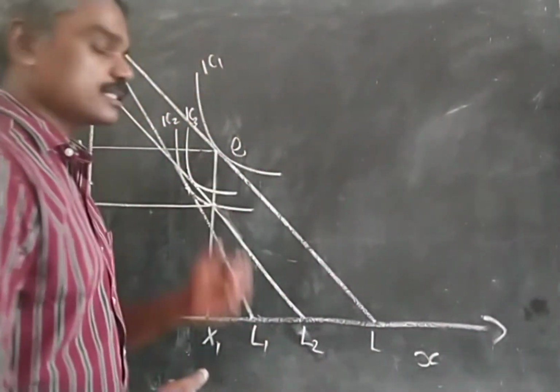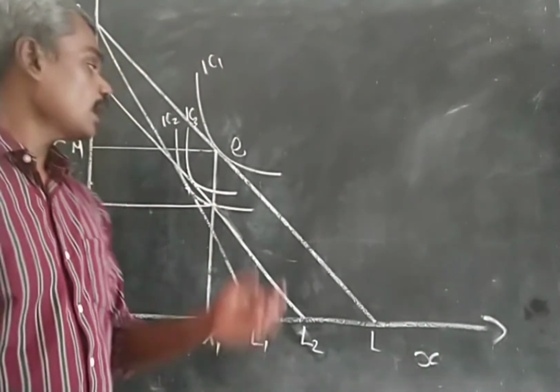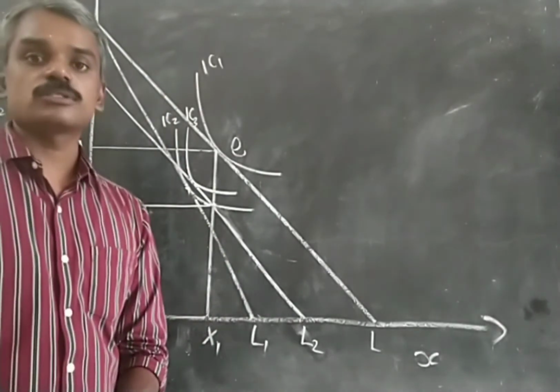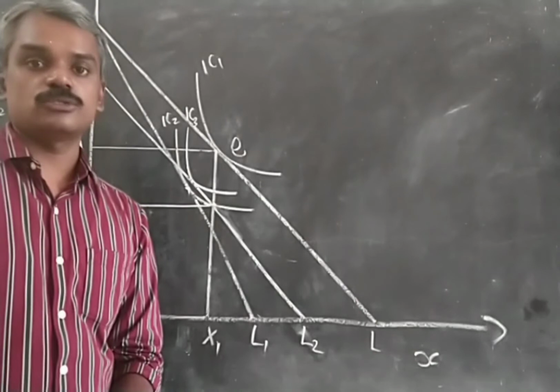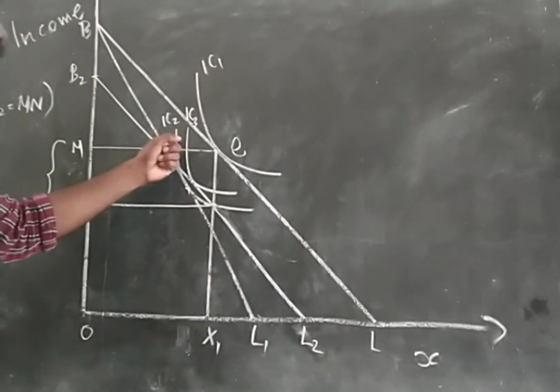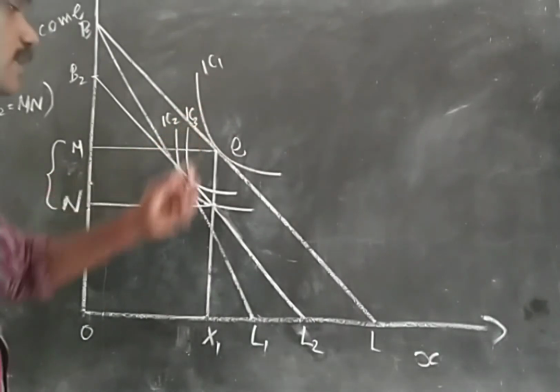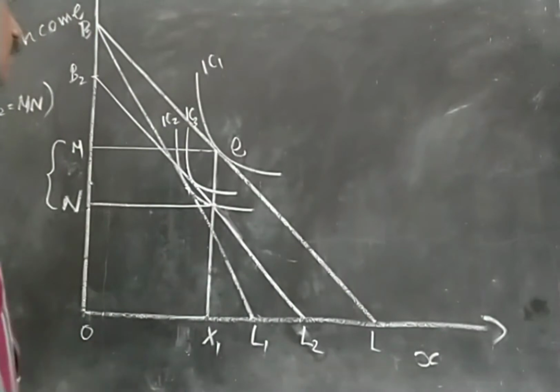Indifference curve IC3 corresponds to the income of the consumer after imposition of a direct tax, and indifference curve IC2 corresponds to a situation where an indirect tax was imposed. So after imposition of an indirect tax, the consumer was on IC2. After imposition of a direct tax, the consumer is on IC3. Which is better? Obviously IC3 is better.